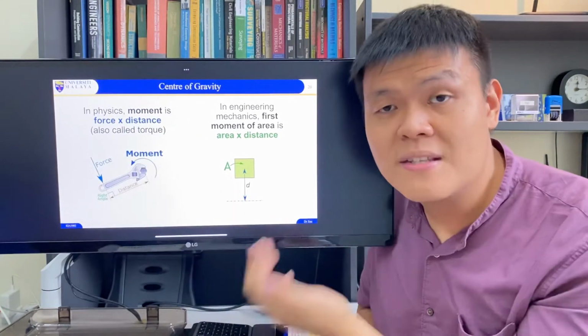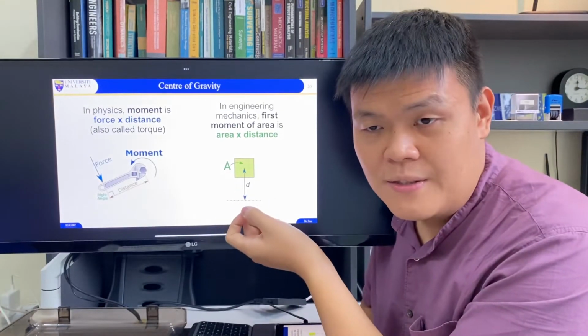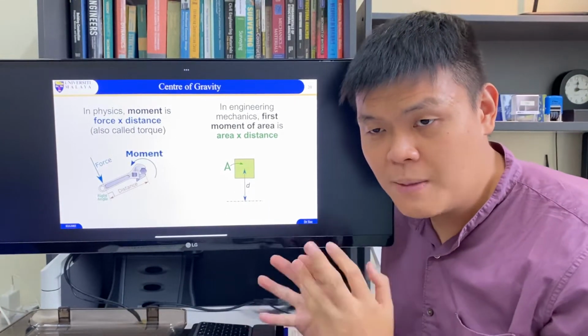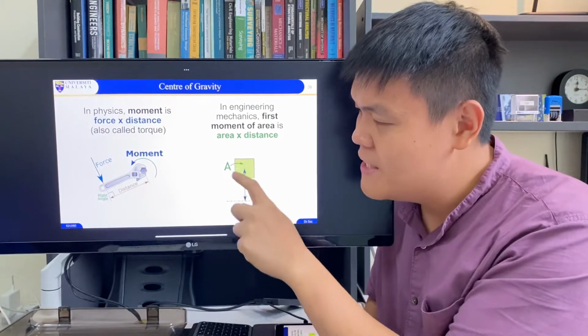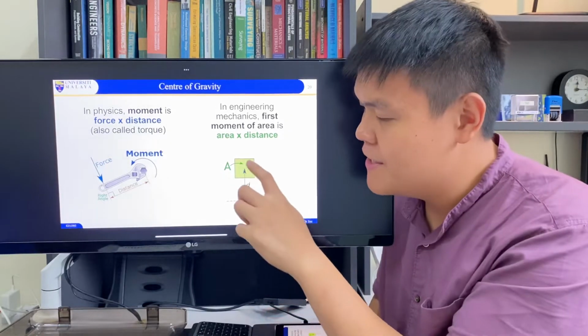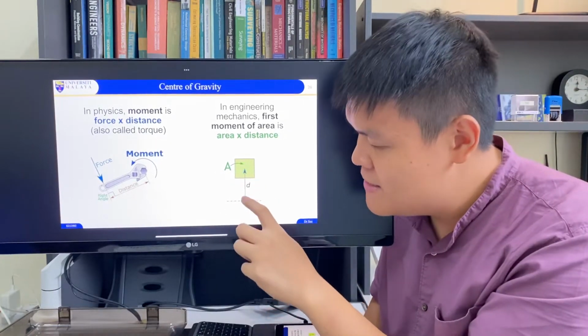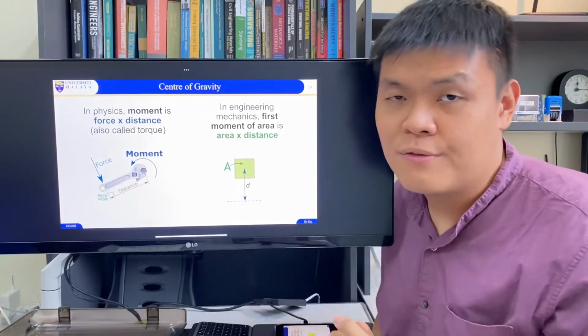This creates a moment. But in engineering mechanics, we have kind of the same concept going, where we have a distance as well here, but instead of a force, we have an area here. So an area and a distance from some axis is our moment of area.